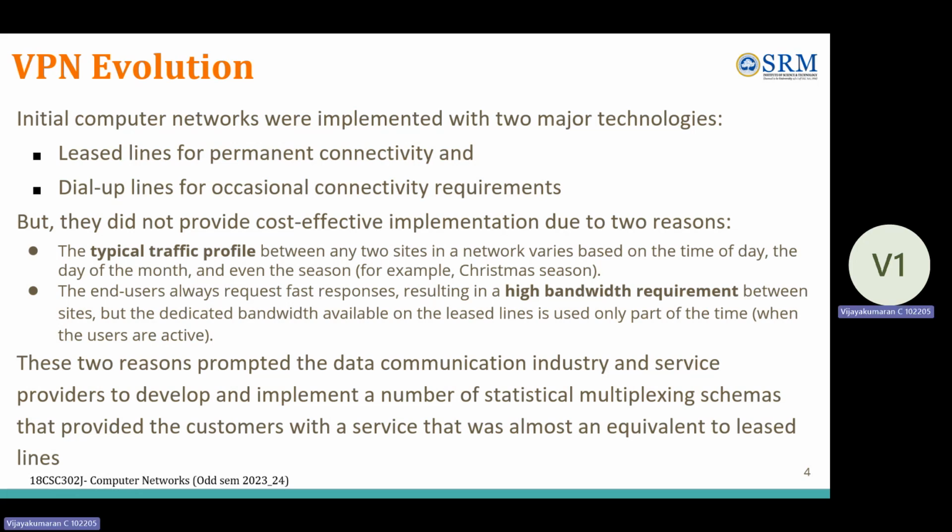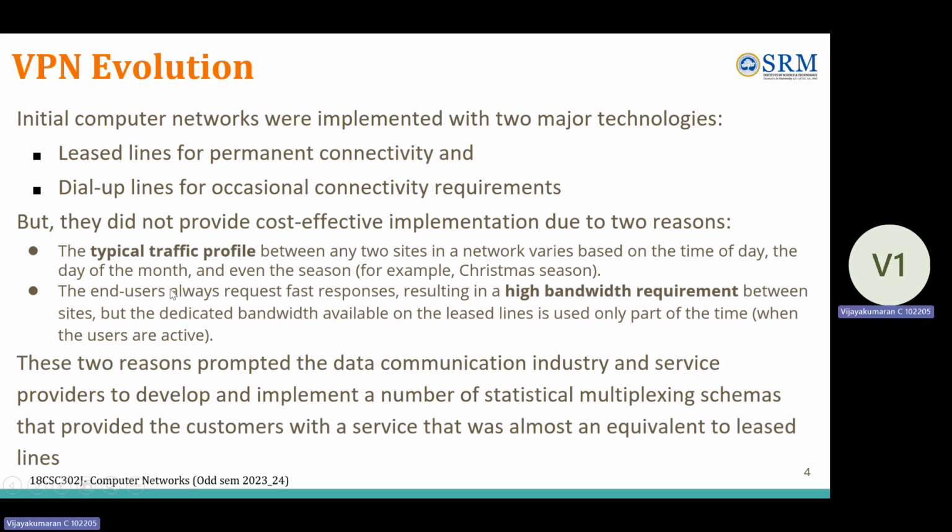But these two technologies cannot provide a cost-effective implementation, for the following reasons. One is the traffic profile. The typical traffic profile between any two sites in a network varies based on the time of the day, of the month, and even the season. For example, in the Christmas season, the traffic might be very high.